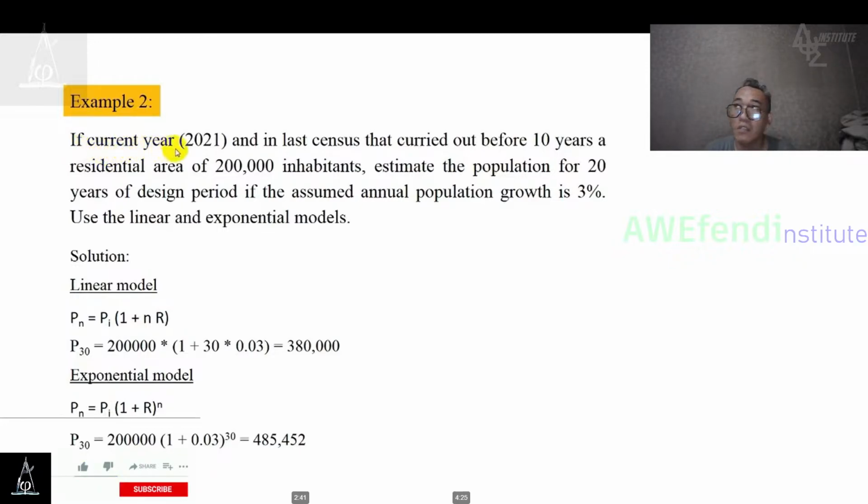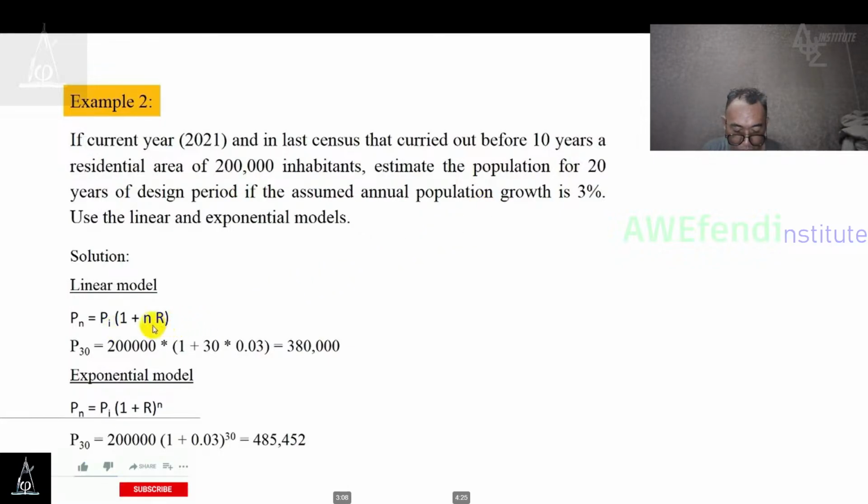If current year 2021 and in last census that carried out before 10 years, a residential area of 200,000 inhabitants, estimate the population for 20 years of design period if the assumed annual population growth rate is 3%. Use the linear and exponential model.